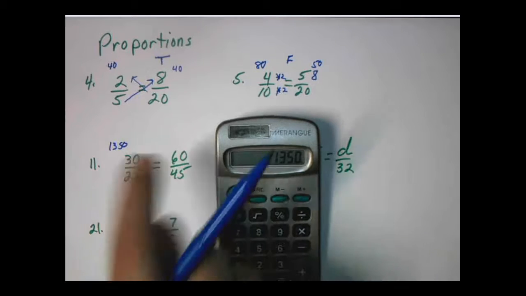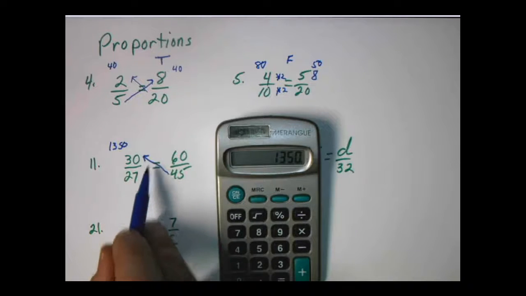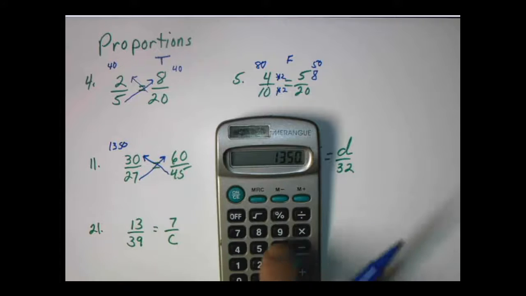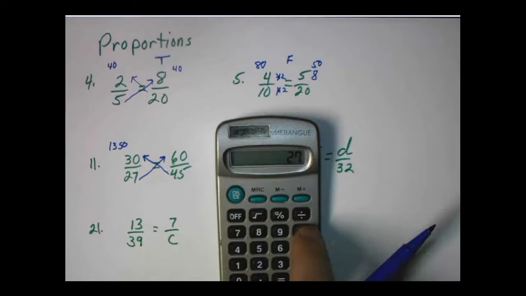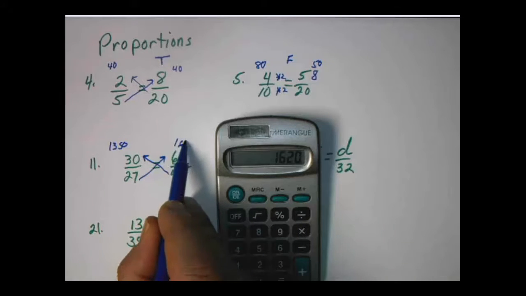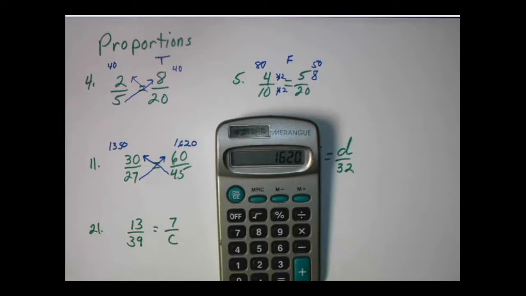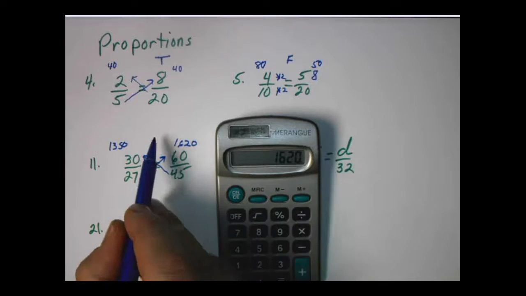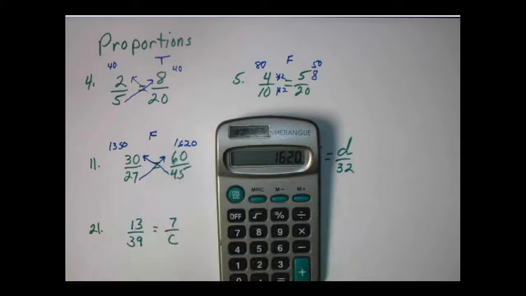Then we cross this way: 27 times 60 is 1620. Oh, not the same. Therefore, this is not an equal proportion, and we would write false.